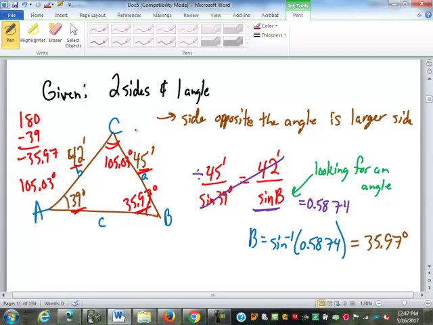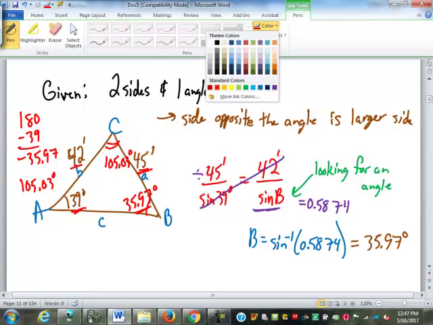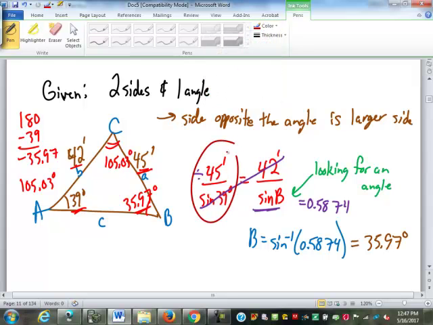Okay. Now we can find side C, just as easy as can be. Same constant, the same starting point: 45 feet over the sine of 39 degrees equals side C over the sine of 105.03 degrees.